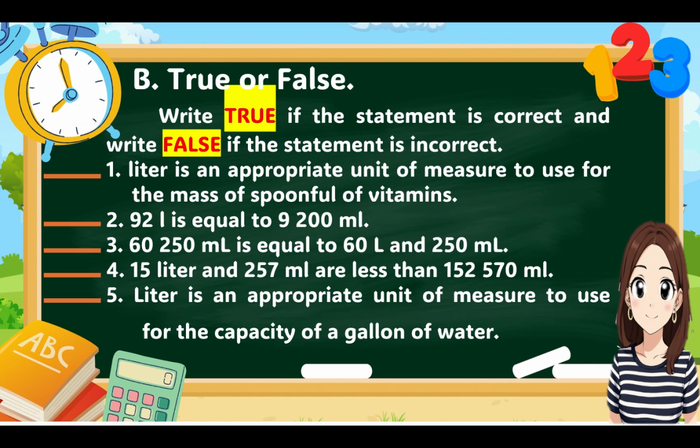Number 3, 60,250 milliliters is equal to 60 liters and 250 milliliters. Number 4, 15 liters and 257 milliliters are less than 152,570 milliliters. And lastly, number 5, liter is an appropriate unit of measure to use for the capacity of a gallon of water. Okay, good luck.